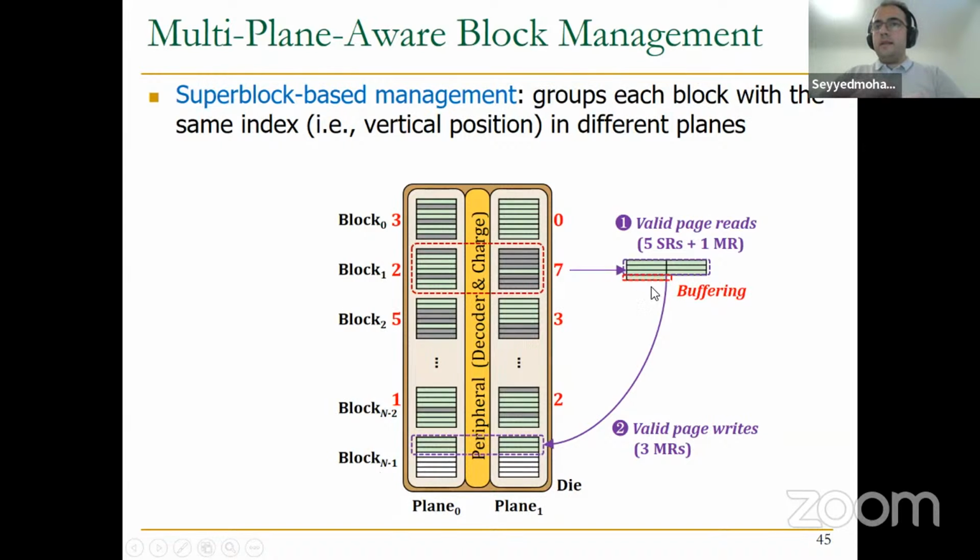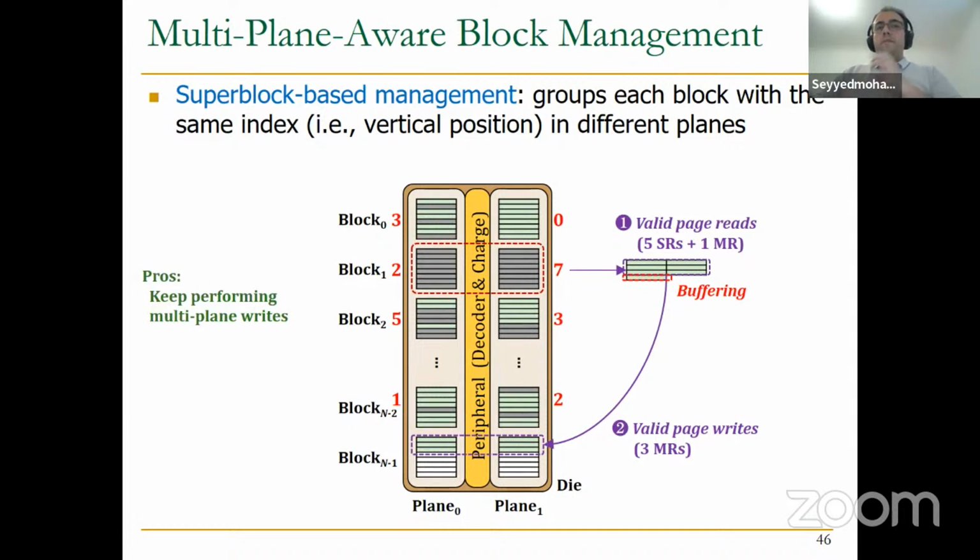We can also buffer the last page in our DRAM and wait for another write operation, so that we can write it using a multiplane write operation. So we don't need to write that data immediately in super block n-1, because if we write immediately, we cannot use a multiplane write operation.